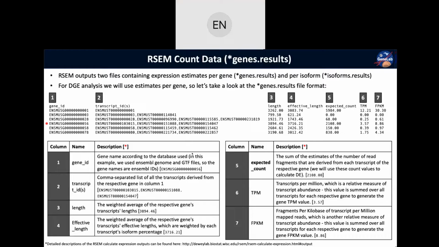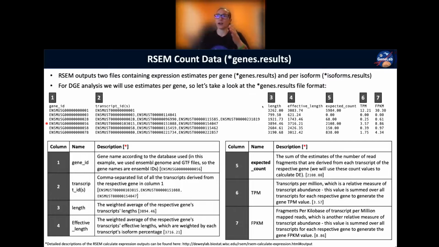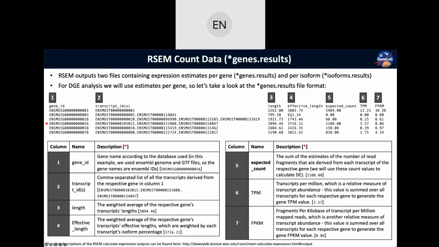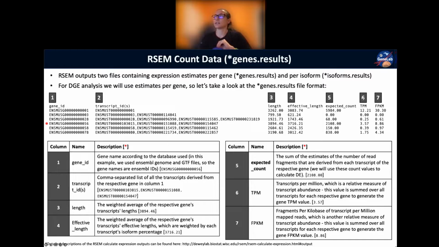So the first column for length is going to be the average length if each of the isoforms, or each of the transcripts for that gene, are all expressed in equal proportions. Okay. And then the other is weighted based on the actual data. So the effective length is looking at the actual data.